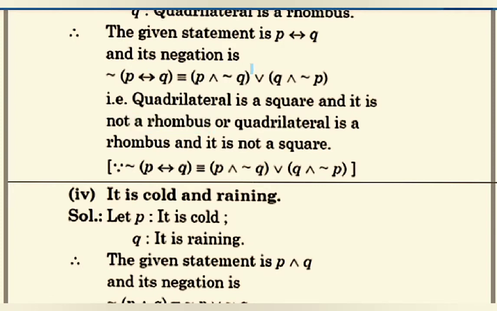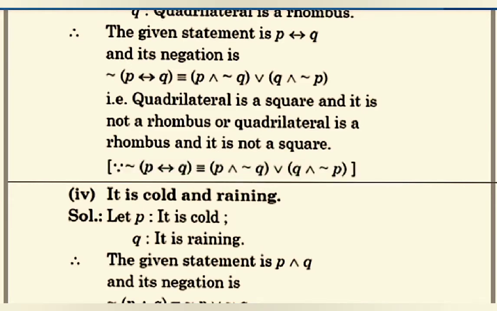This is negation Q. And write "or", this or symbol right here in words, and again in brackets Q and negation P. Q means quadrilateral is a rhombus, and this "and" write down here, and negation P means it is not a square. This is the statement, since we write down the negation of the biconditional.